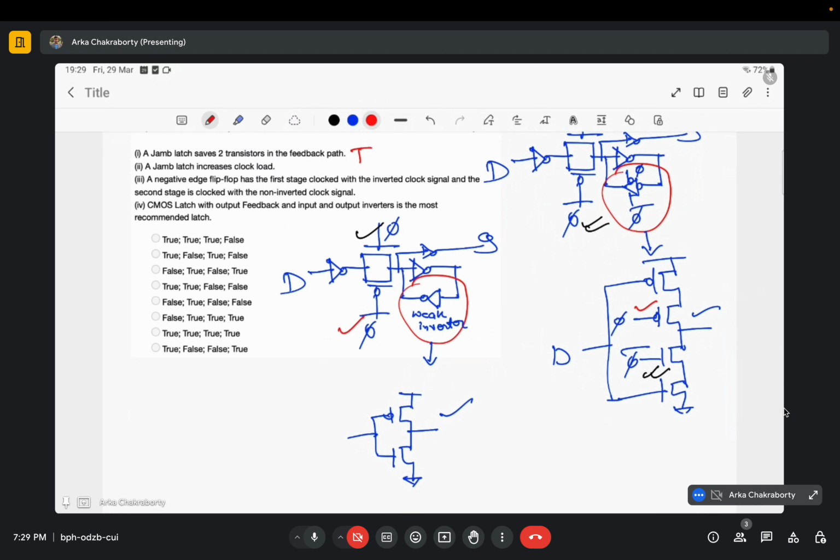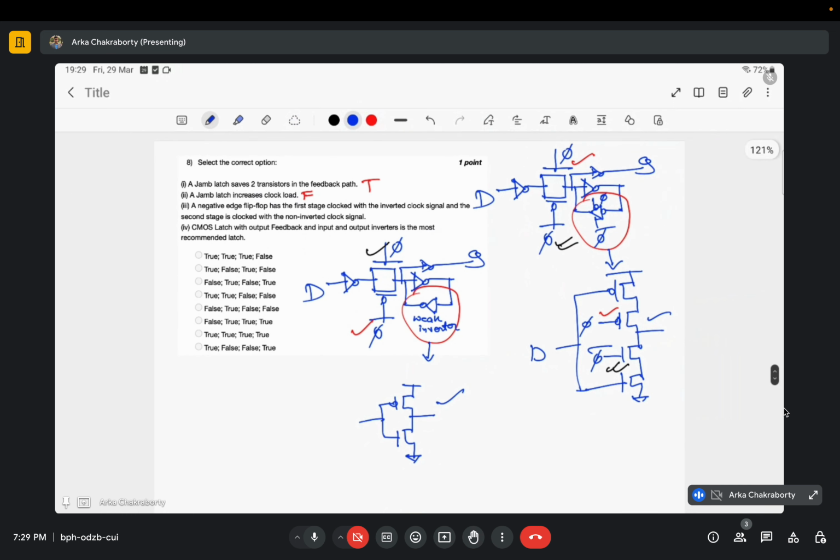So my jam latch basically incorporates a weak inverter, saving not only the number of transistors and hence the area footprint, but also reduces the clock load. So the second statement, that jam latches increase the clock load, is false, right? It reduces it. Okay, clear?